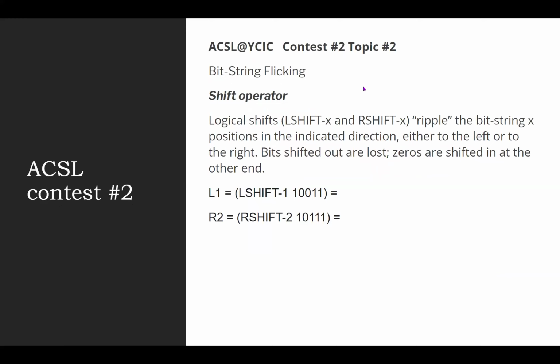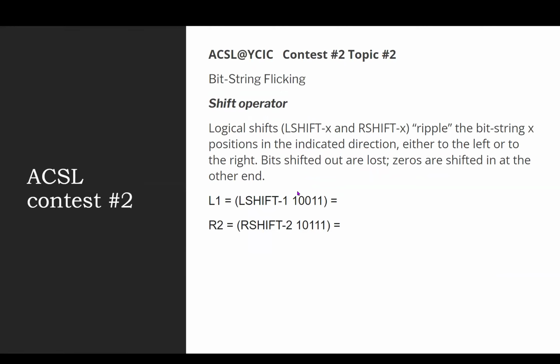The next operator we're going to do is the shift operator. The shift operator is just shifting the place value of the number to the left or to the right.